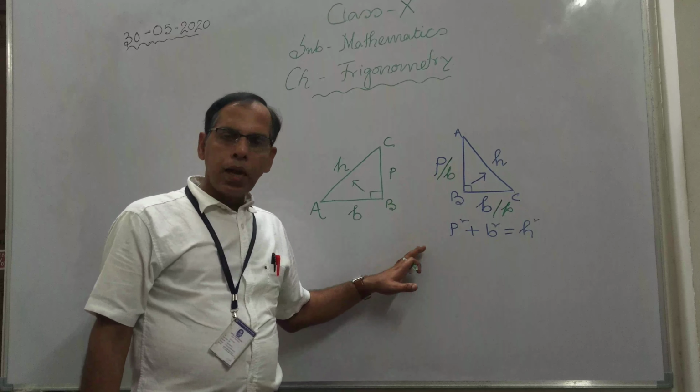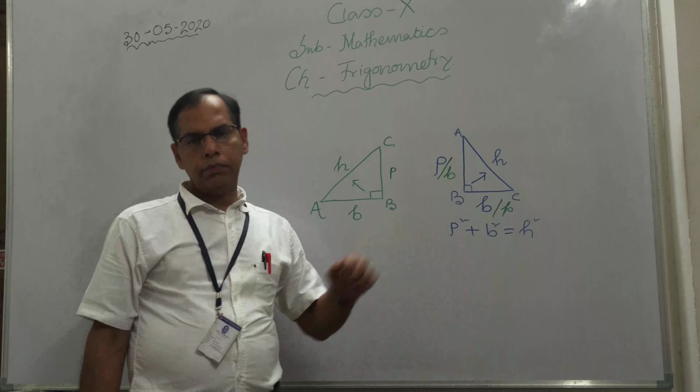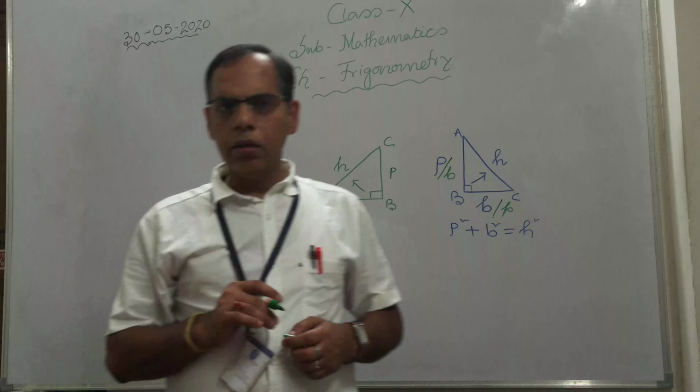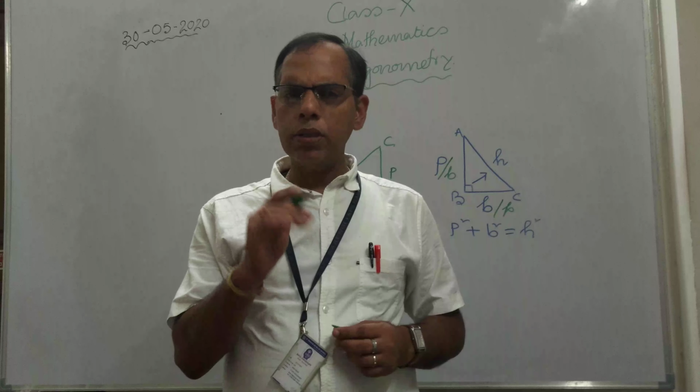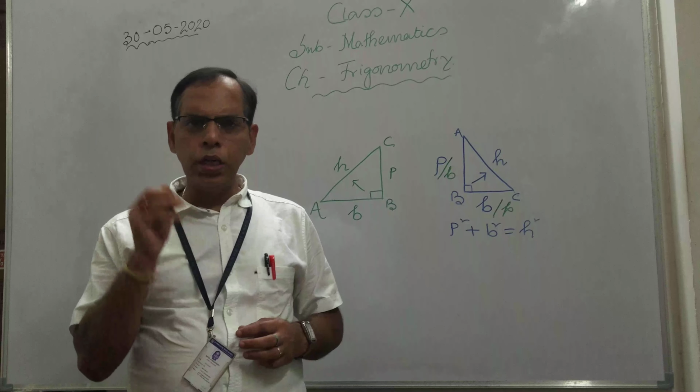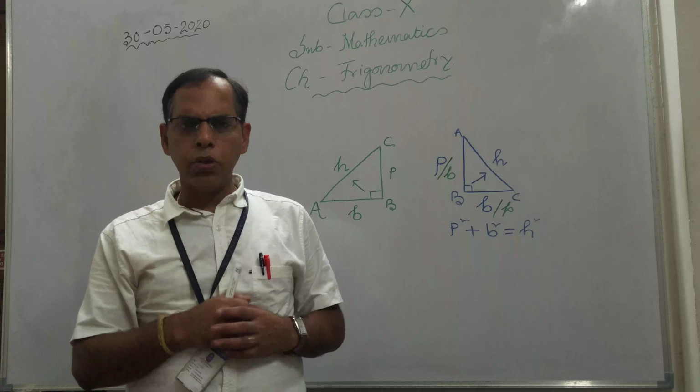Now, these are the things already involved. Now, can you tell me basically what was the application of the right angle triangle? You have used in your geometry chapter also.